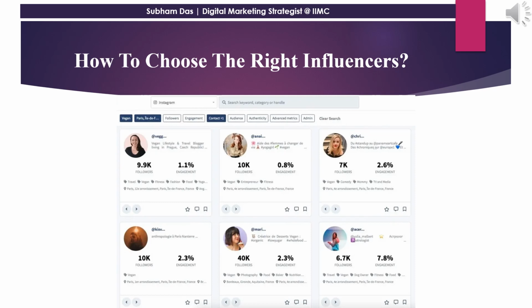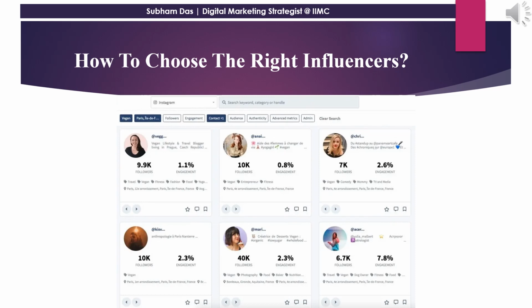All these four components of ABCC combined would help you decide on the right kind of influencers you want to engage for your business, to promote your business. So ABCC is the framework that helps you determine which influencers to work with.